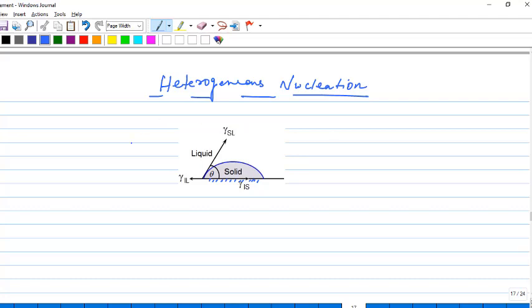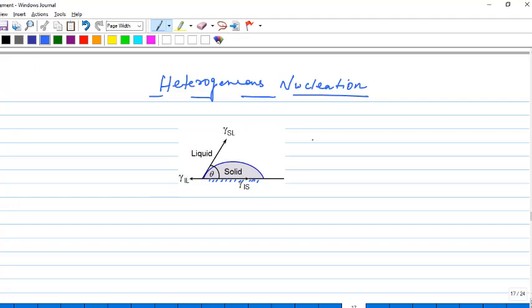And in this case, you will have to look at the surface energies also, because now these interfaces are there. Apart from the solid liquid interface, there is an additional interface between that heterogeneous surface and the solid nucleus, and also between the surface and the liquid.